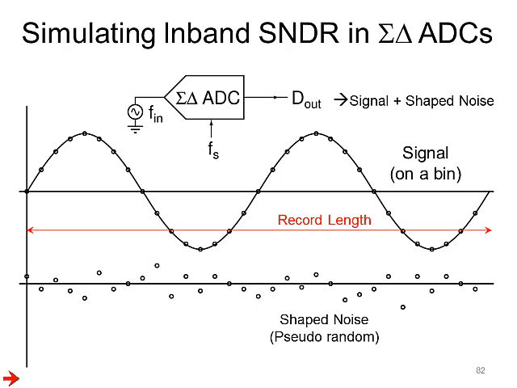As we just saw, the output of the delta sigma ADC consists of the signal plus the shaped noise. One thing we can do based on our experience before is to say I'm going to put the signal on a bin. Therefore, there are an integral number of input cycles in one record length. So what we are left with is the shaped quantization noise, which is a pseudo-random signal.